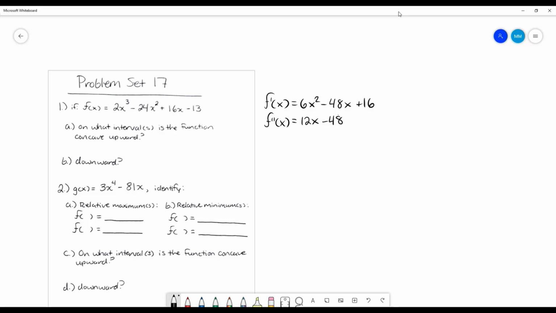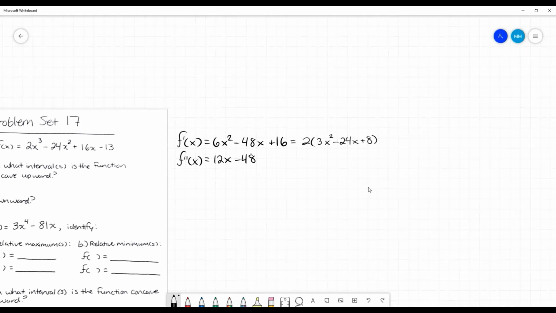So first, we'll set this first one equal to 0. This will be fun. I'm going to factor out a 2 just to make it a little easier to minus 24x plus 8. Okay. I'm not sure if we can factor this or how we can factor this.